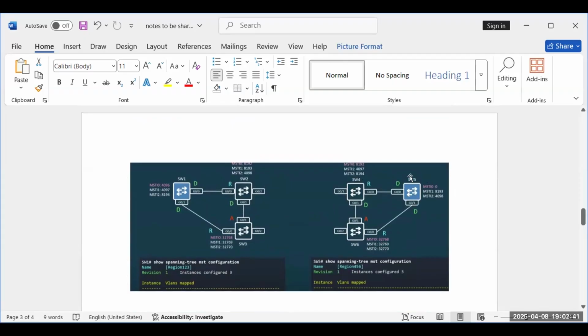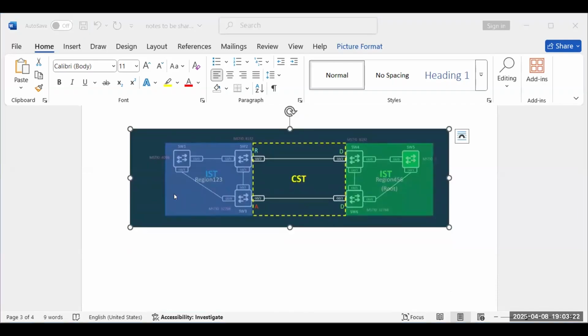If this fails, the next switch that becomes the root bridge is this one, because it has a priority of 4096. This is 4098, this is 3264. So this will become the root bridge. If this fails, there will be a huge MST topology change, and this will be elected as the root bridge.